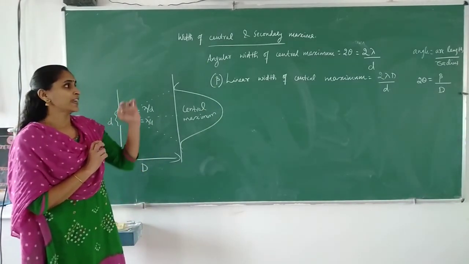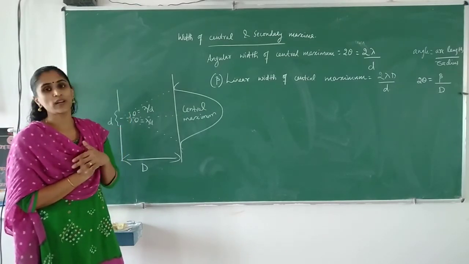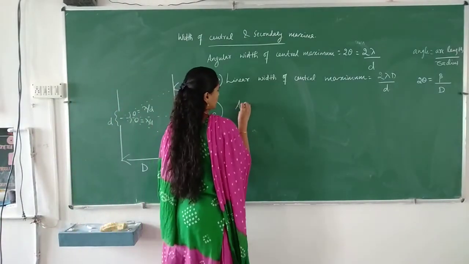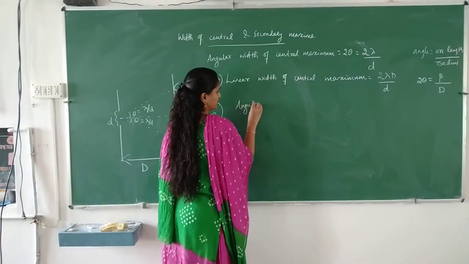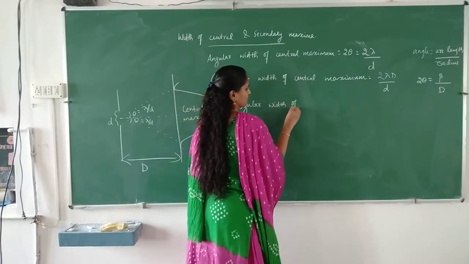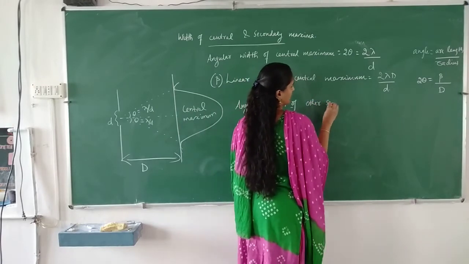Next, this is for the central maximum. Now we can find the angular width of the other secondary maximum.